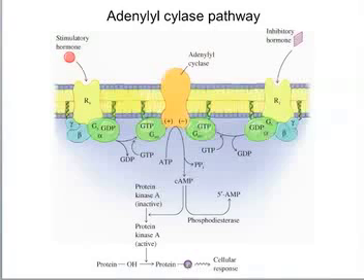Again, this is just a canonical picture of the adenylyl cyclase pathway. This is a hormone-activated pathway. You see that we might begin with a stimulatory hormone or an inhibitory hormone, depending on exactly what we are trying to accomplish. And exactly what we do accomplish depends on the molecules that are activated downstream of the stimulation event.